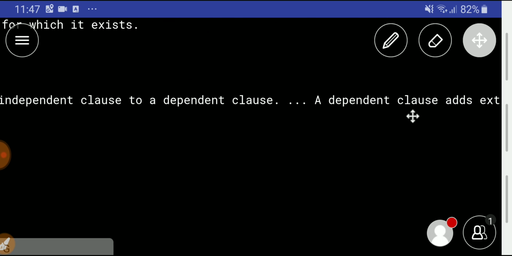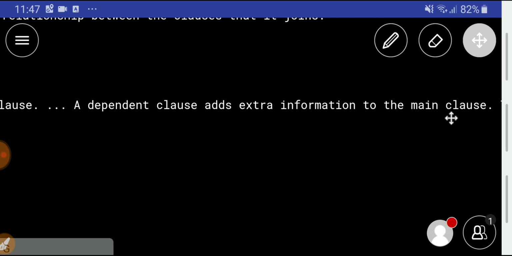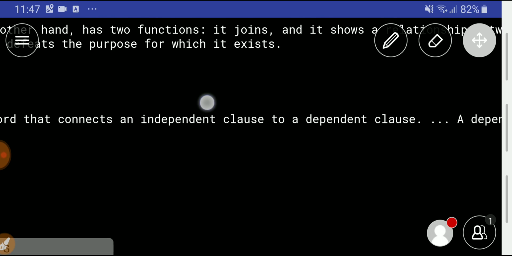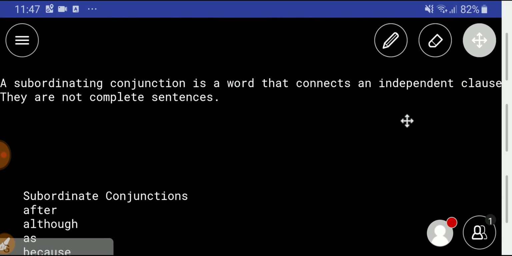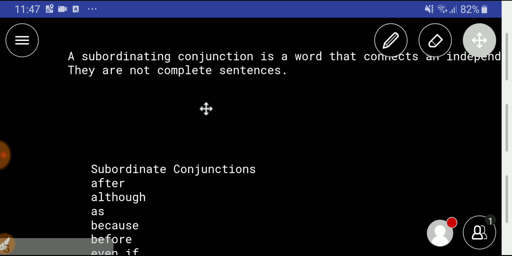A dependent clause adds extra information to the main clause. That is, we use a subordinating conjunction before the dependent clause. And remember, dependent clauses are not complete sentences.